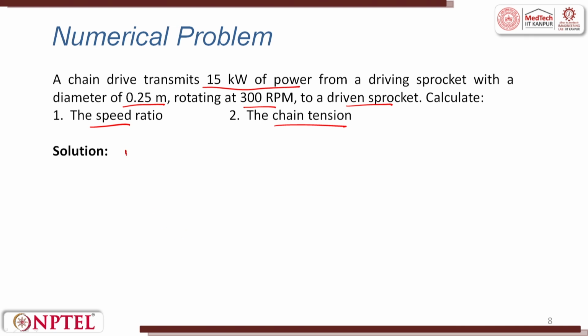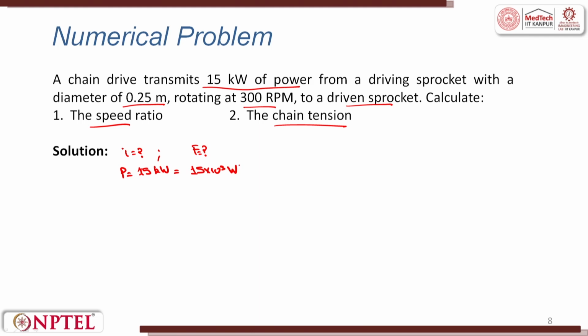We need to find the value of i, and the chain tension, that is F. These are two things which are to be found. What we have been given is the power that is transmitted, 15 kilowatts, that is 15 into 10 raised to power 3 watt.